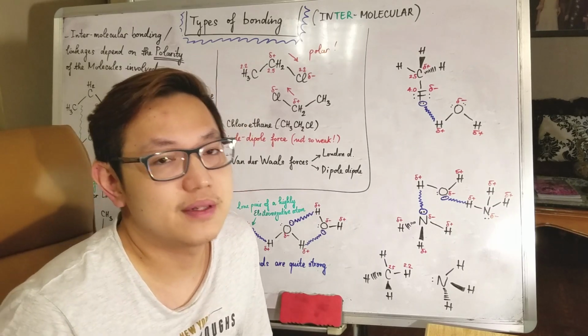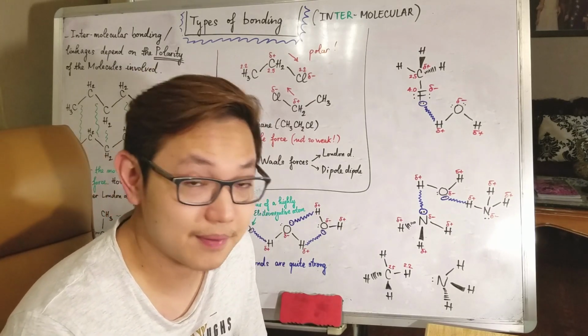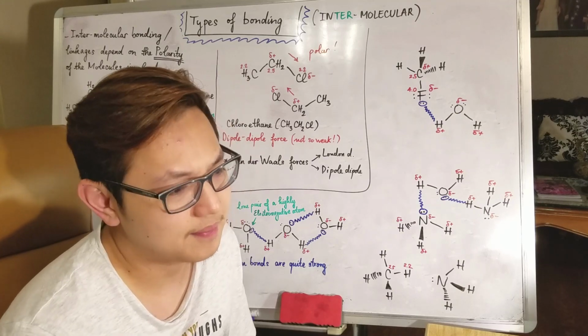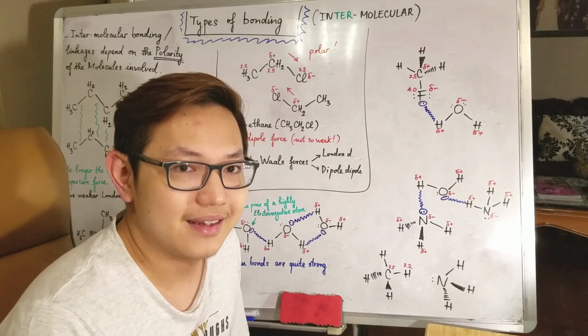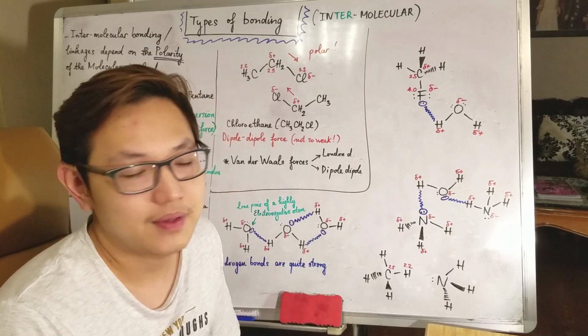Okay, I hope my explanation was not too long or too confusing. If you find it confusing, please go back to the beginning when I talk about hydrogen bonding. And I hope the video was helpful for you.